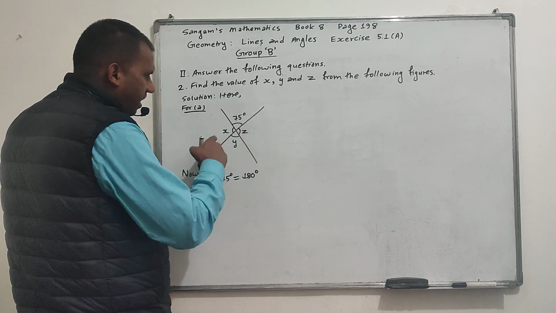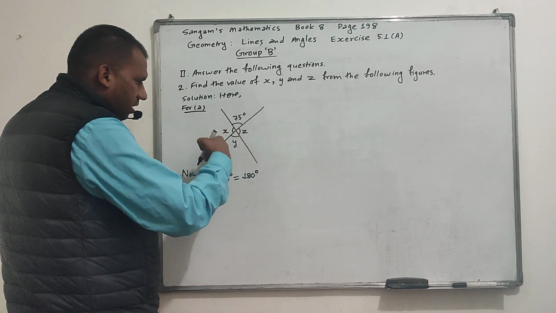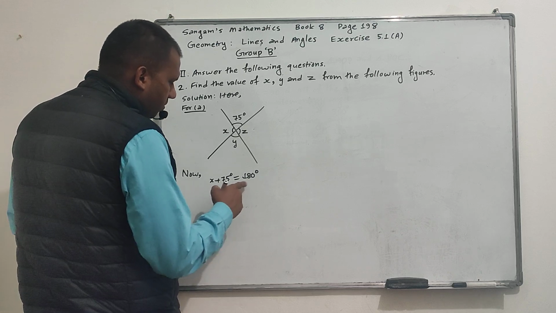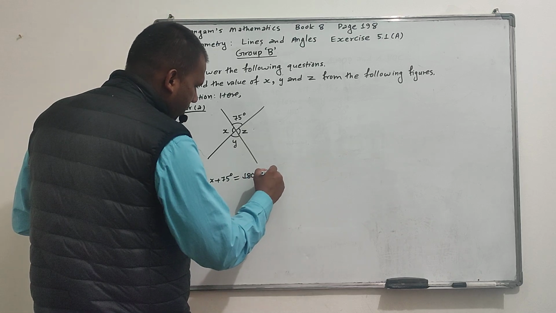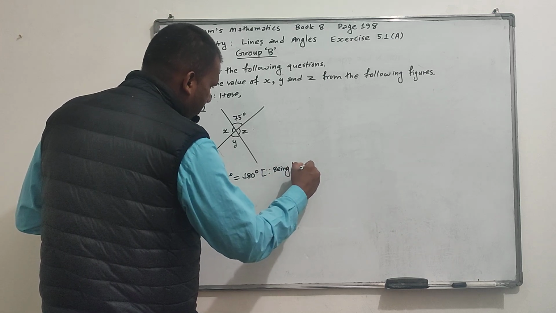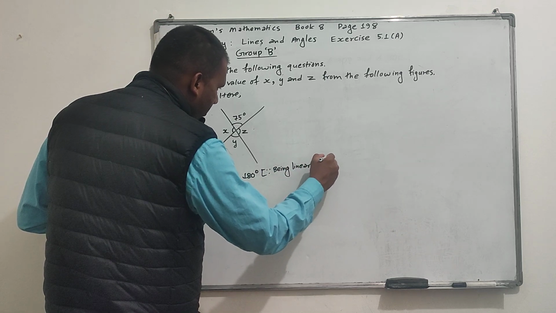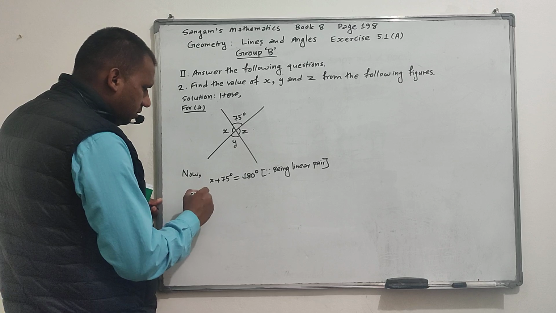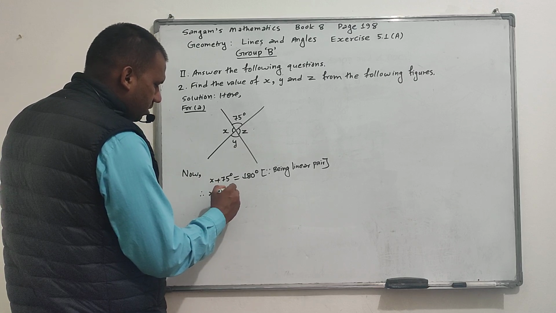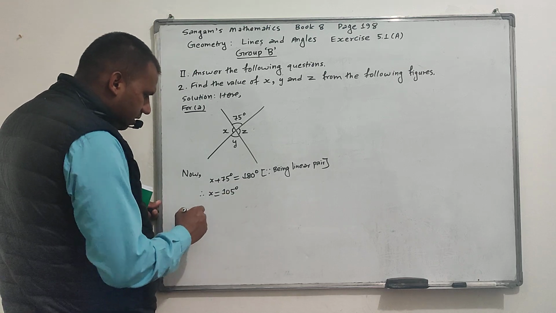On this straight line, x and 75 makes straight angle. So, x plus 75 equal to 180 degree. Its reason is being linear pair here. Therefore, x equal to 180 minus 75, 105 degree.